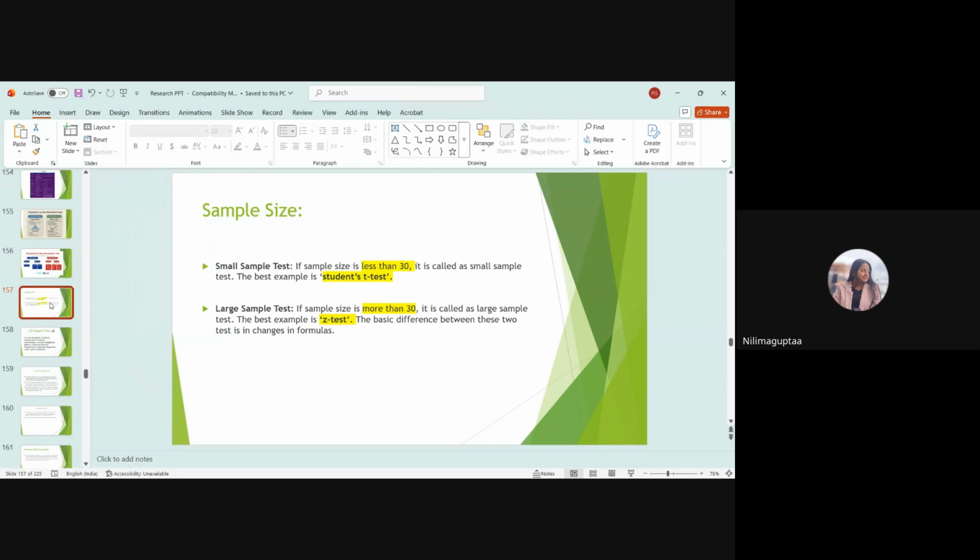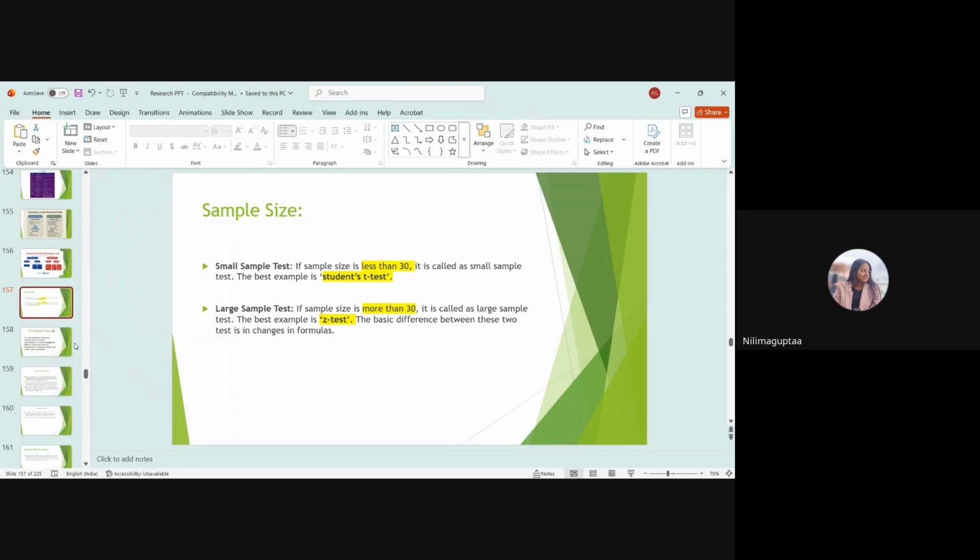So in a T test, the sample size will always be less than 30. And if I use the Z test, the sample size will always be more than 30. If I have more than 30 people in my survey, then I will be using the Z test. That is the basic difference between them.